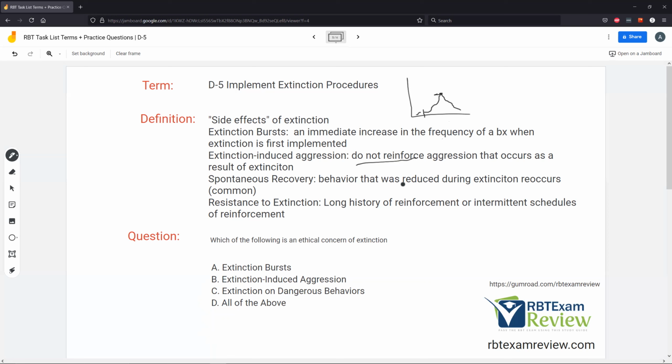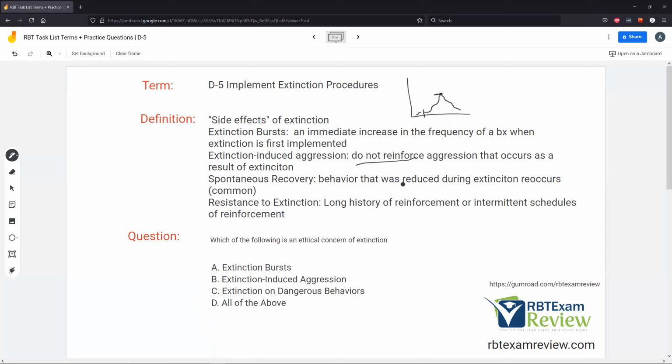And then resistance to extinction: a long history of reinforcement or intermittent schedules of reinforcement makes extinction harder. This is what we talked about with our reinforcement schedules. The longer or more intermittent the schedule, the harder it is to put on extinction and the more resistance you might get from your client.